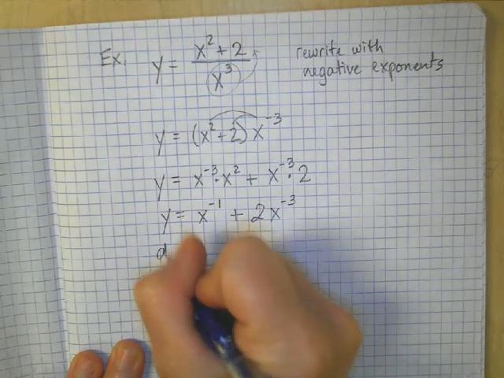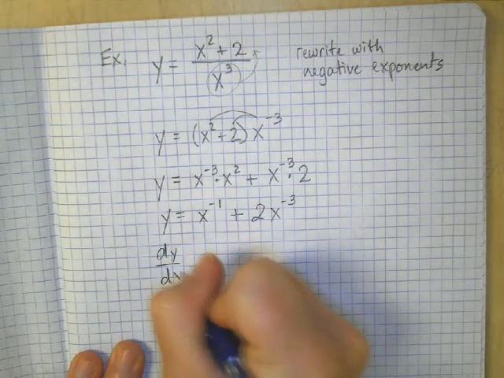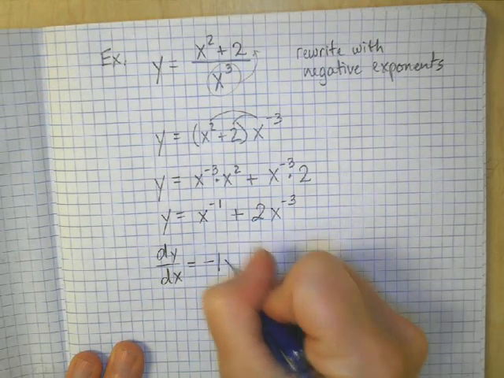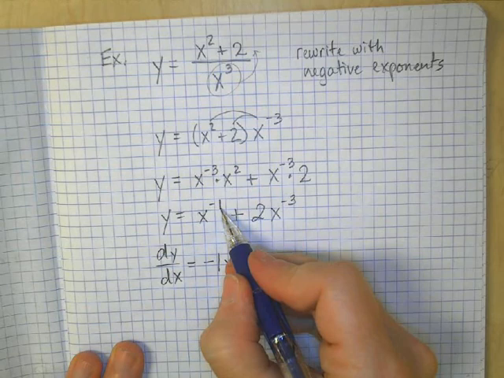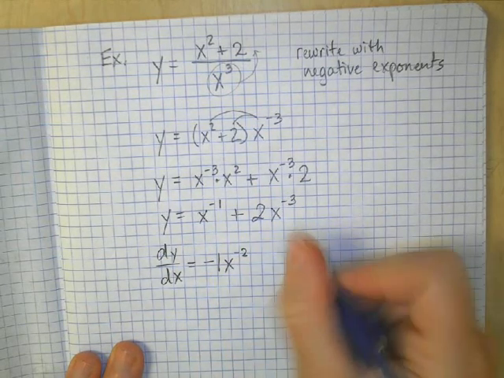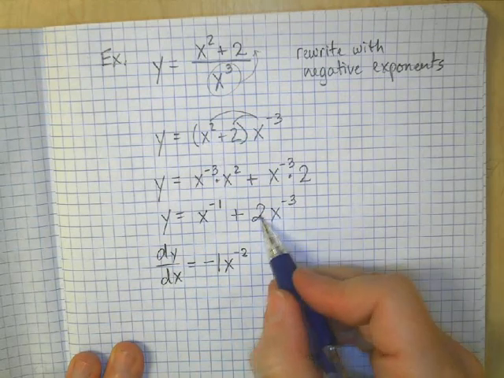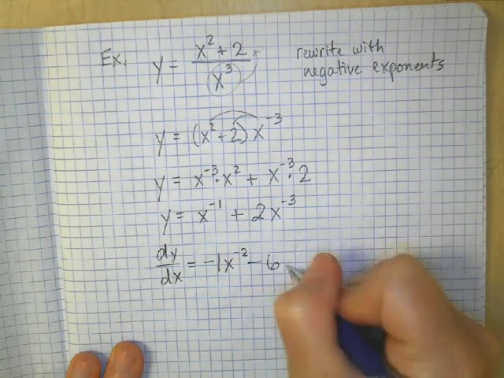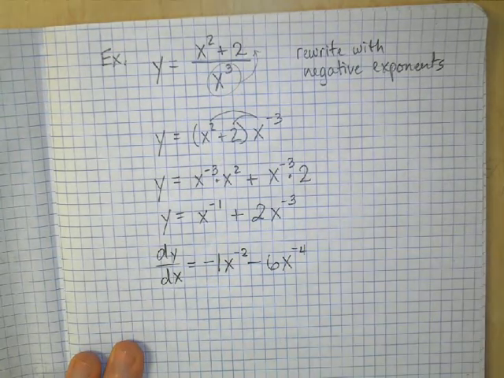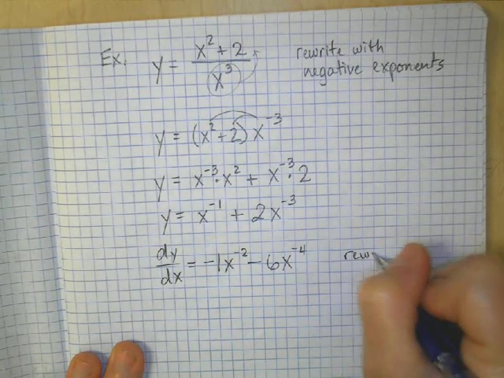So this is going to be dy dx. I'm going to multiply by negative 1 in front, and then I'm going to subtract 1. So negative 1 minus 1 is negative 2. And then this one, negative 3 times 2 is negative 6. And I'm going to subtract 1 from the exponent, negative 4, and then rewrite it with positive exponents.